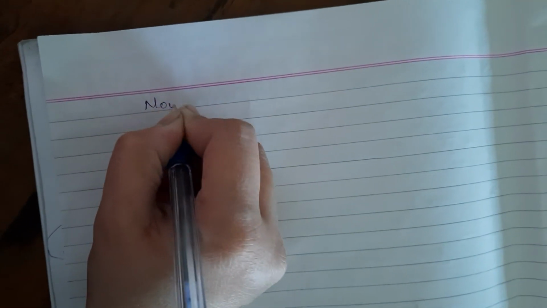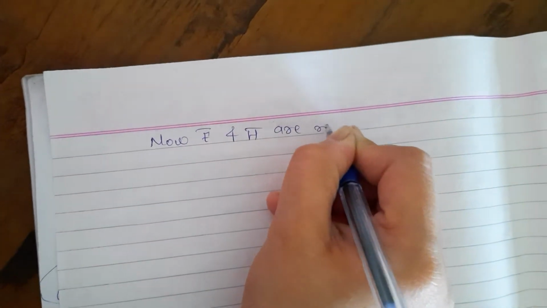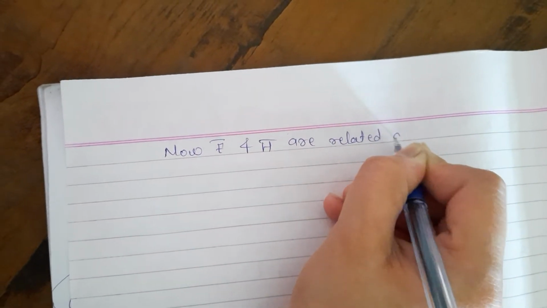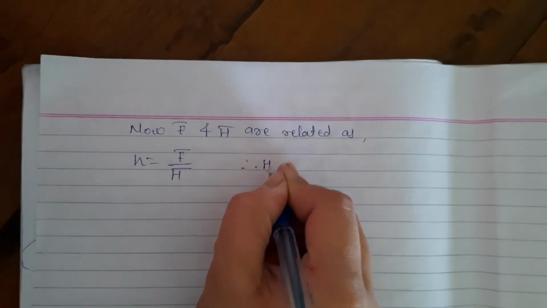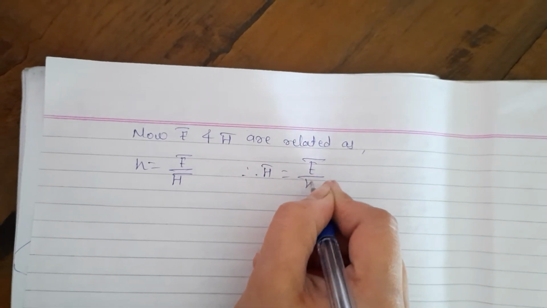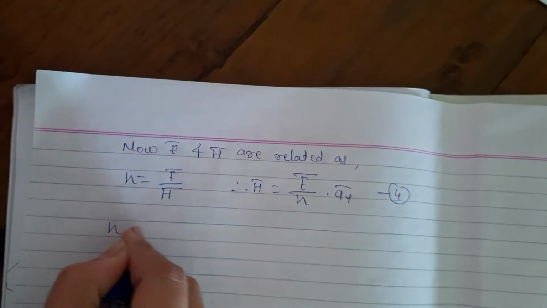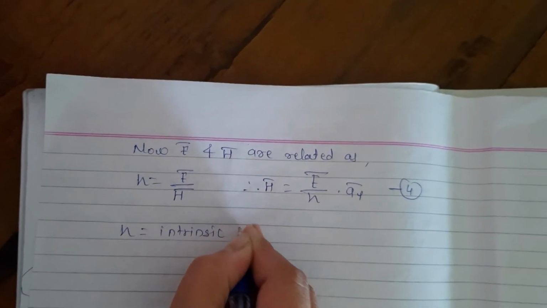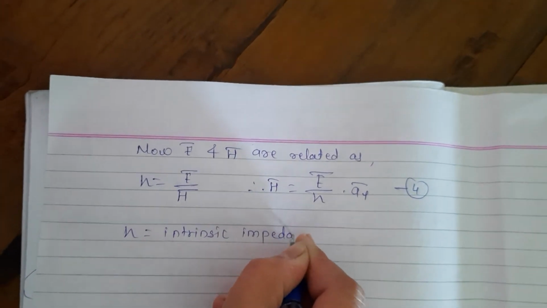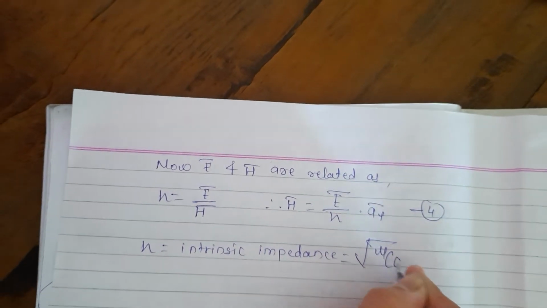Now E bar and H bar are related as eta is equal to E bar by H bar. So H bar is equal to E bar by eta. This is equation 4. Now eta is the intrinsic impedance, which is equal to square root of mu by epsilon.